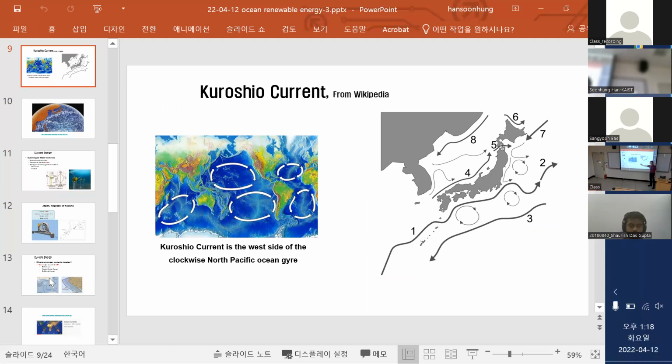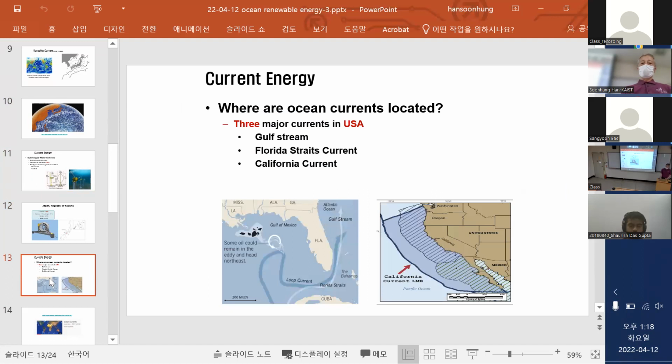And you may expect that near Taiwan and also the Philippines, there can be other good places for such a project. And near the United States, there are 3: the Gulf Stream, Gulf of Mexico and Florida Strait, and also California.